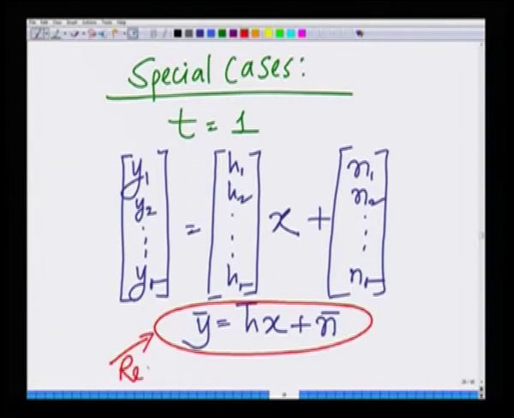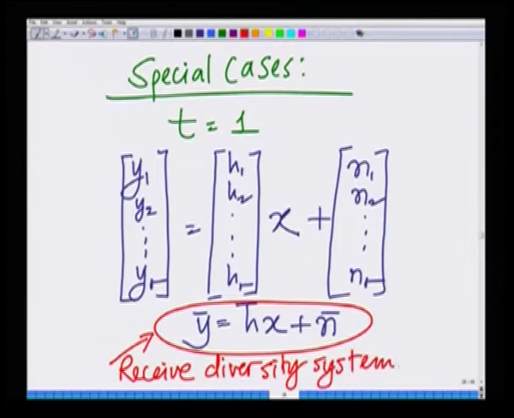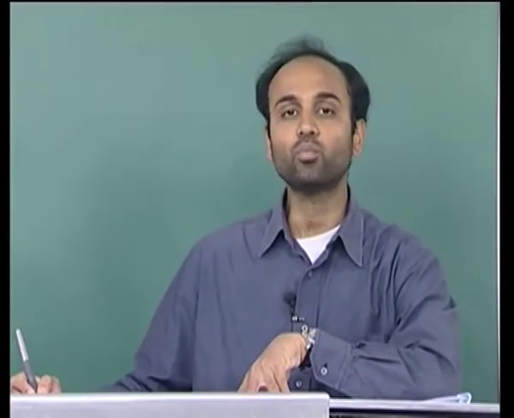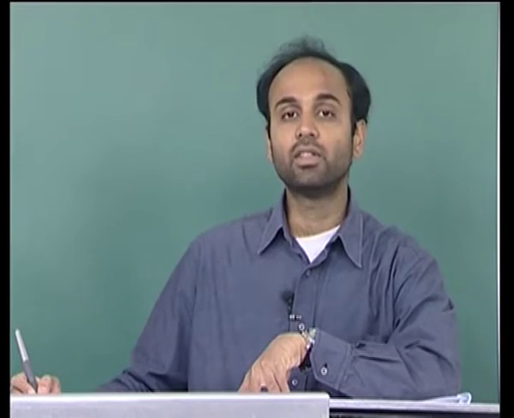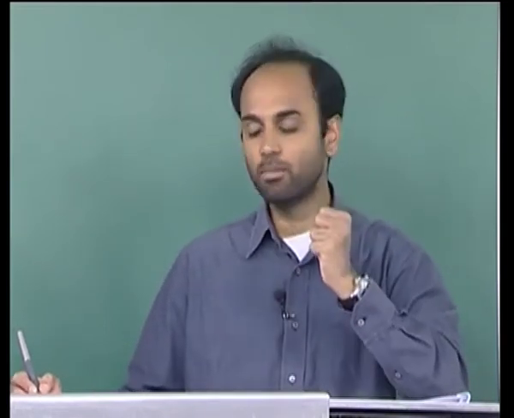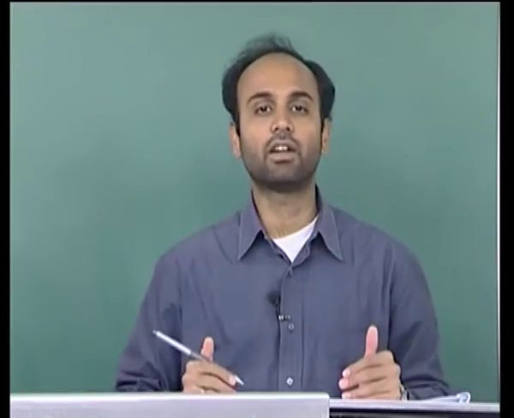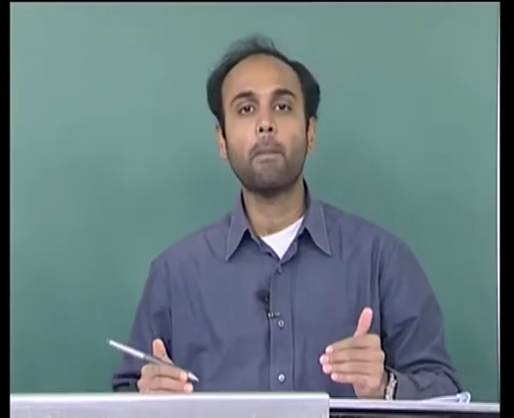This is a receive diversity system, and in the context of MIMO, this is known as, look at this, I am transmitting a single symbol, I am receiving R symbols across the R receive antennas, hence this is single input multiple output.